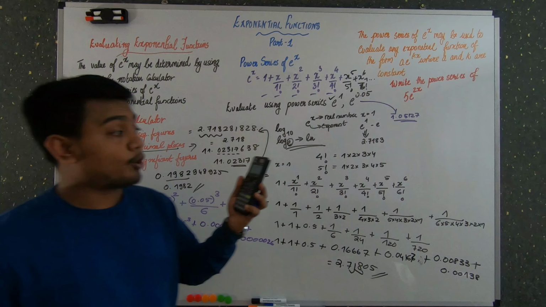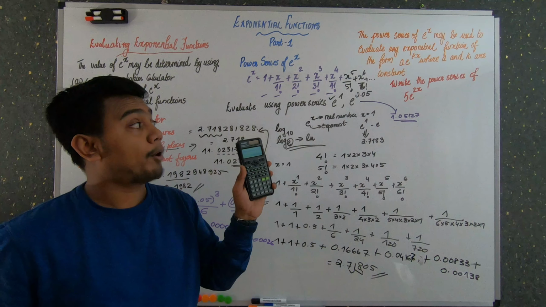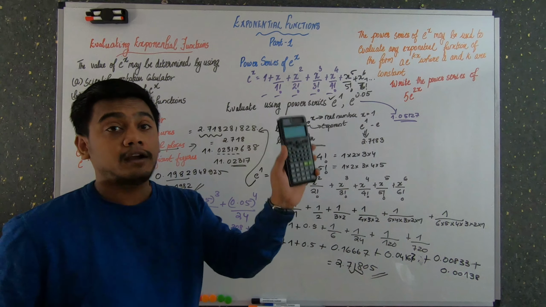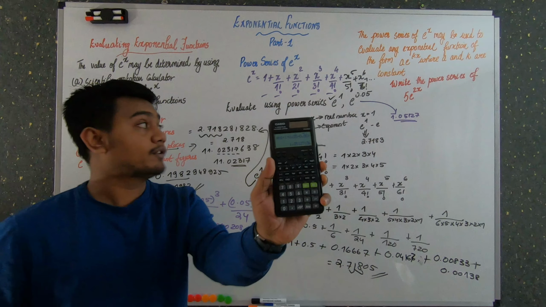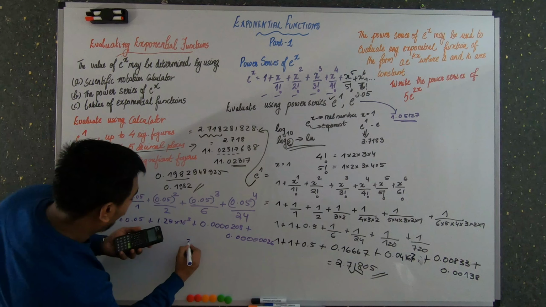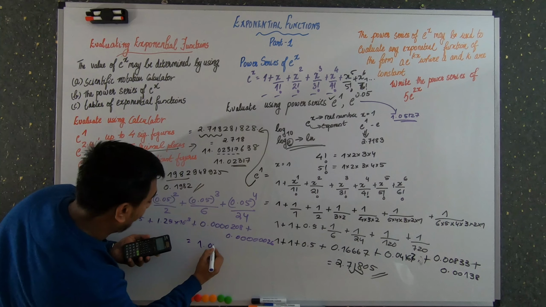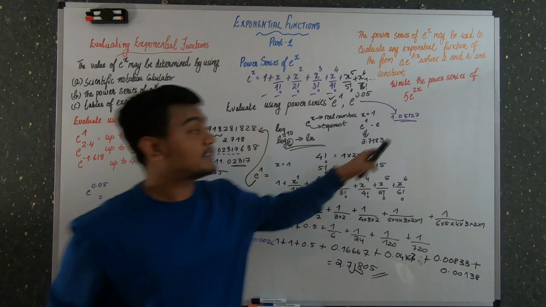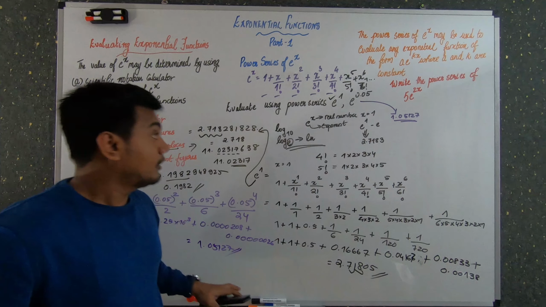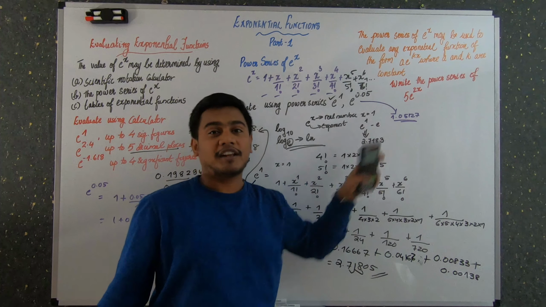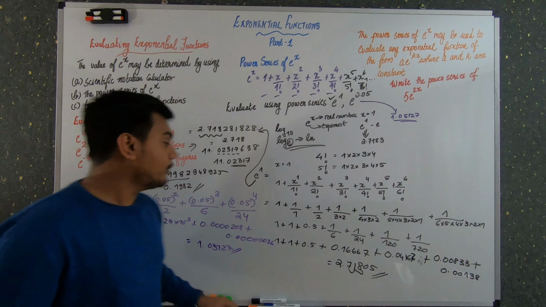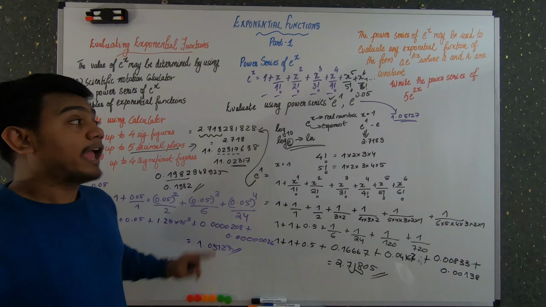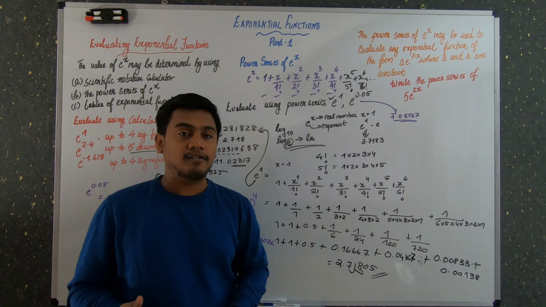The value I get is 1.05127. Yeah, almost the same value I got using the scientific calculator. And this is how you find the value of exponential functions using power series.